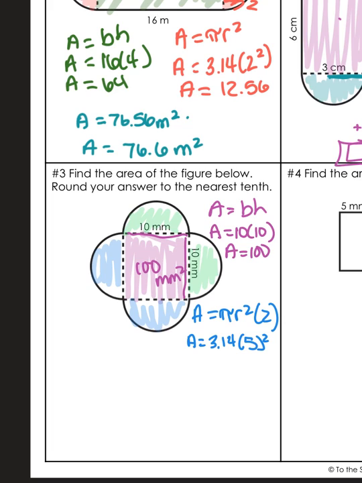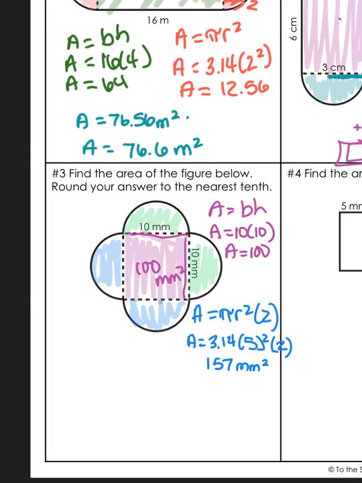And then I'm going to multiply it by 2 because I have 2 of these circles. So I'm going to go ahead and plug that in. I'm going to do 3.14 times 25 times 2. And I'm going to get 157 millimeters squared. Am I done?